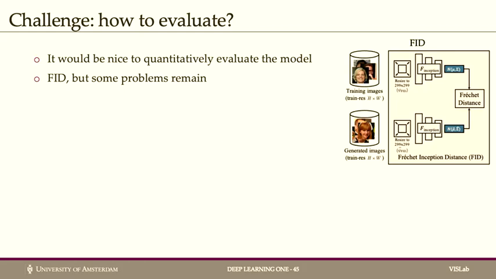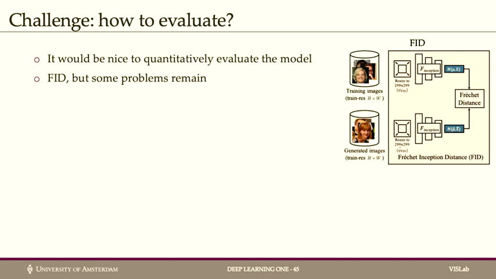It's simply pre-trained, and then you use the dense features and compare them. You actually fit a Gaussian model to these features, but it doesn't really matter. You simply take the difference between the data set-wise features, and this will tell you how well a set of generated images matches another set of images.